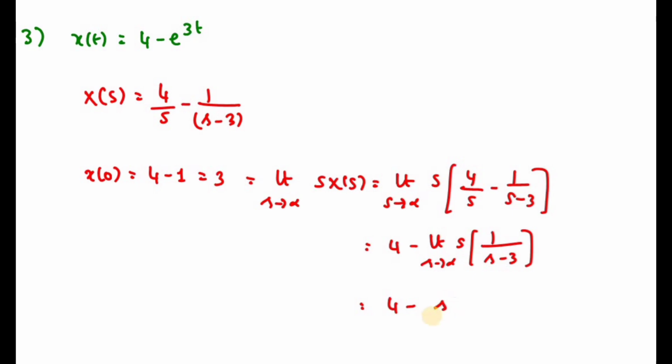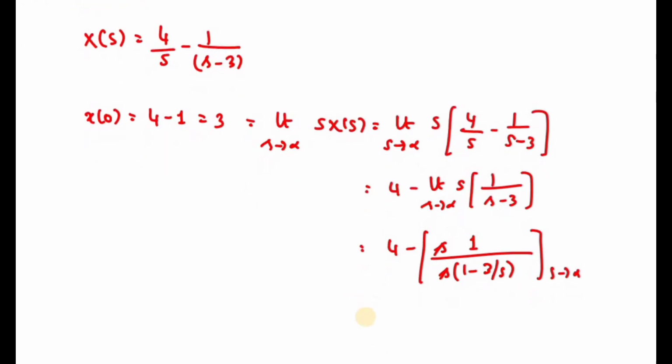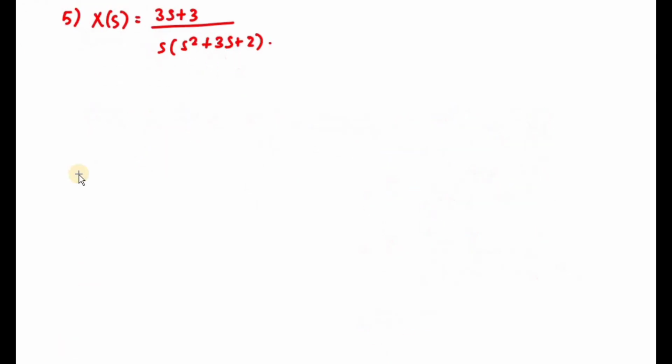So here 4 minus, if I take the s outside, 1 minus 3 divided by s. In this I am going to substitute s equal to infinity. So if I solve, I will get 4 minus 1, that is equal to 3.